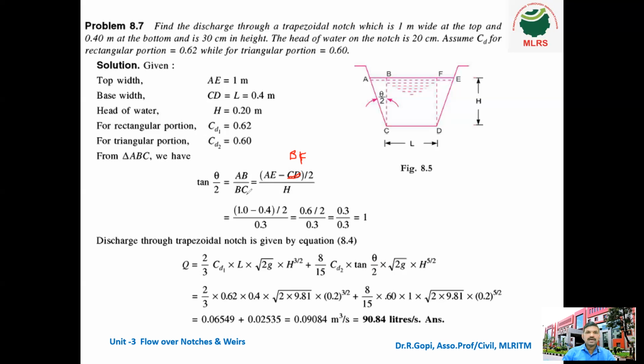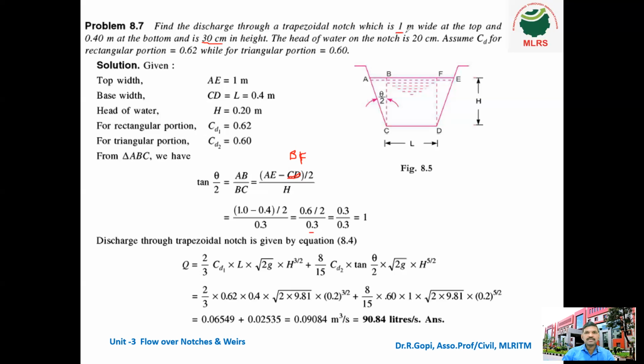Next, BC. This is your adjacent side. The adjacent side is nothing but the height, 0.3 meter. Here it is mentioned in centimeters, 30 centimeters, so you must convert it into meters. It is 0.3. Now tell me, what is AE?